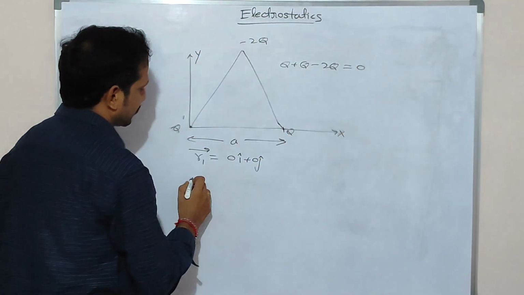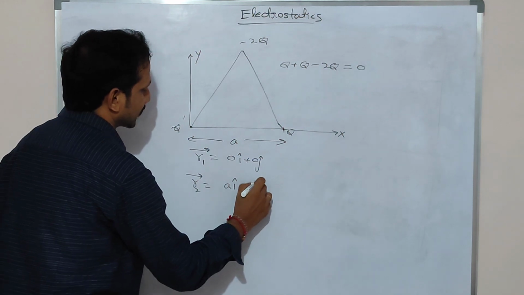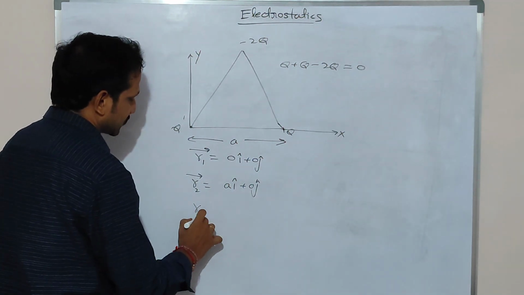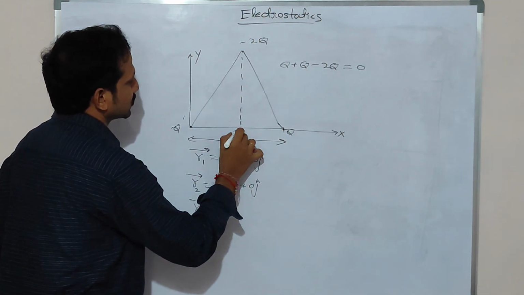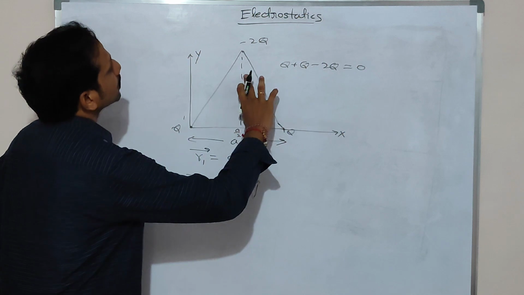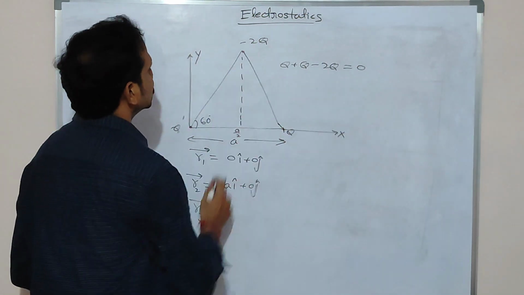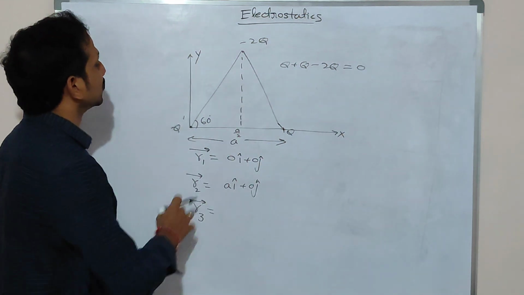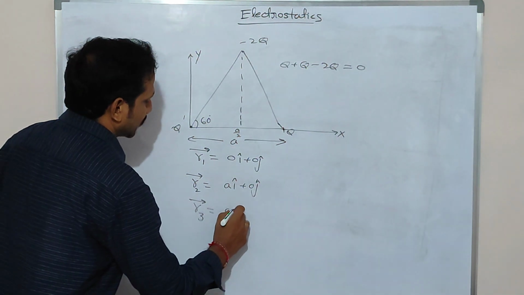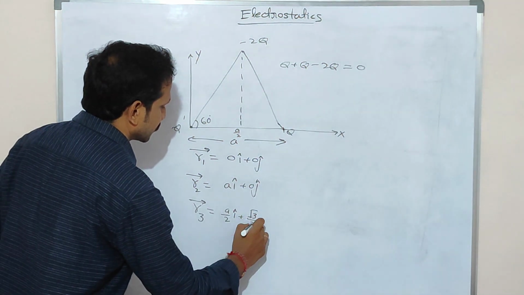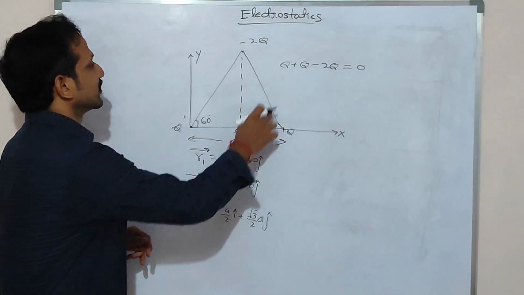The second charge has r2 vector equal to a i cap plus 0 j cap, while for the third charge, r3, from the resolution, it is a by 2 and root 3 by 2 a, because this is 60 degrees in an equilateral triangle, so the opposite side is given by sine, and sine 60 is root 3 by 2. So r3 is a by 2 i cap plus root 3 by 2 a j cap. These are the position vectors of the three charges.